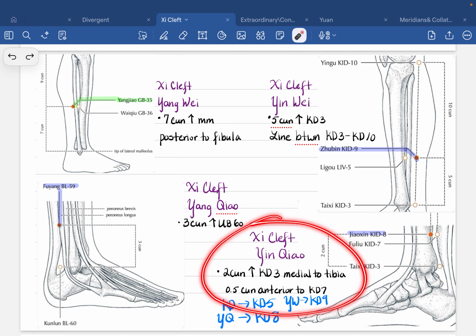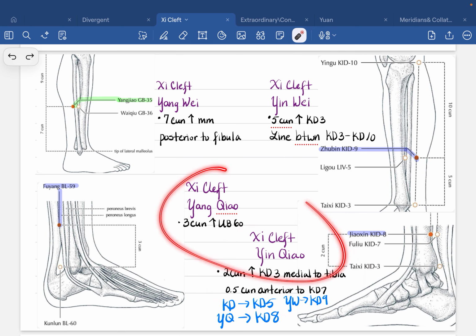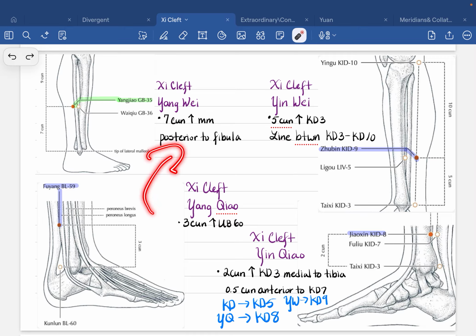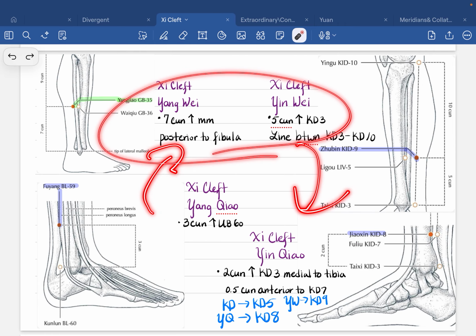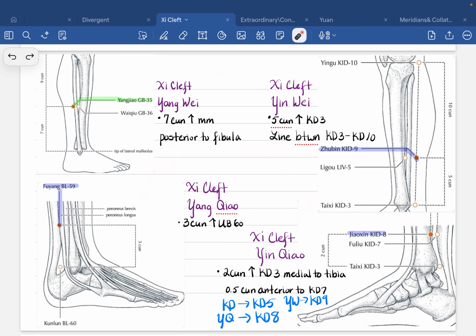I would put xi-cleft first, study these first this way, and then move this down this way. That's what I would do, only so that I don't get confused. But I know at least how many points are in the xi-cleft: 3 are kidneys, 2 are UB. So you can say that most of the xi-cleft points are associated with the water channel.